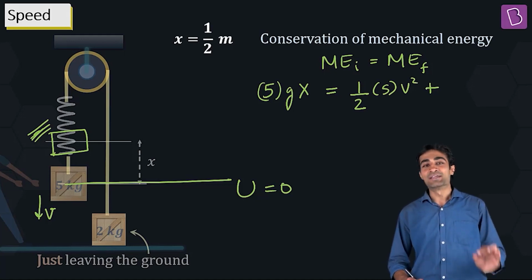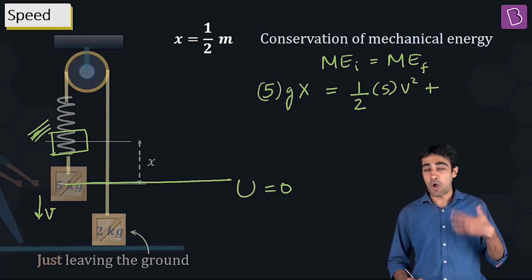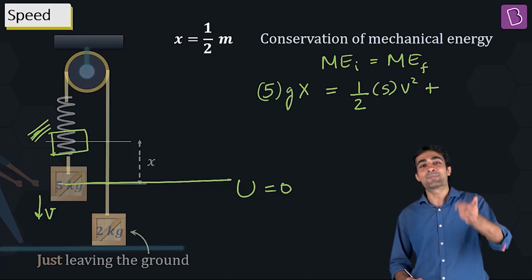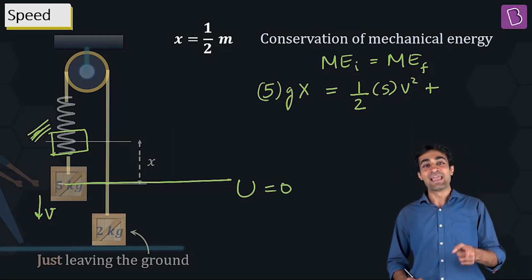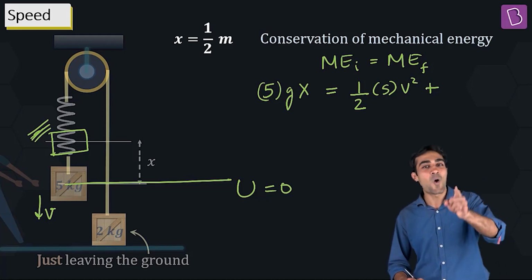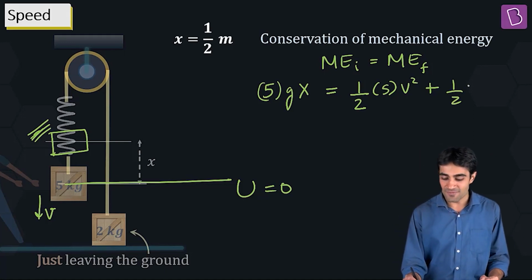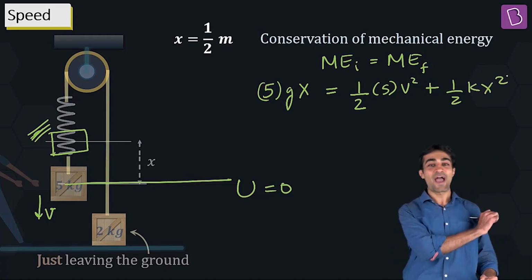Some energy is stored in the form of spring potential energy at this point also, because at this particular point there is some extension in the spring. Can you see the extension in the spring? Yes. So what is the spring potential energy? It is half k x square.